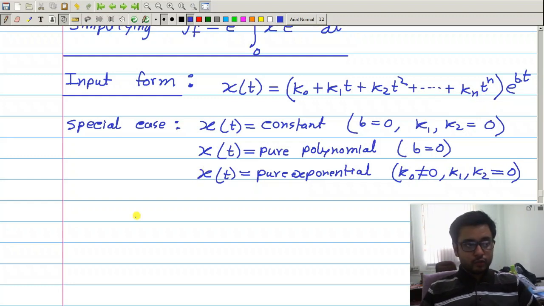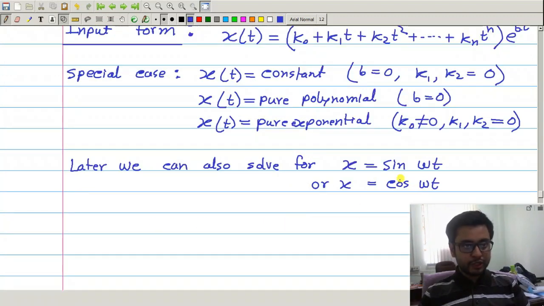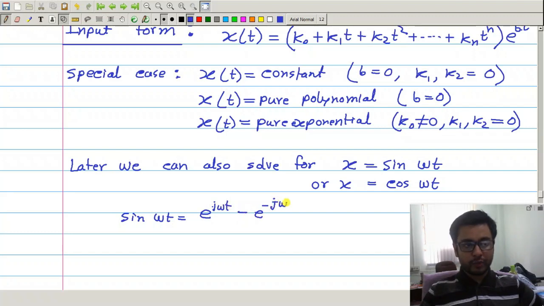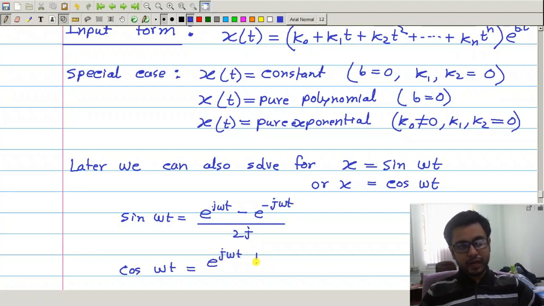Later, we can also consider sinusoidal inputs, and that is because we know that sin omega t is equal to e to the power j omega t minus e to the power minus j omega t divided by 2j, and cosine omega t can be written as e to the power j omega t plus e to the power minus j omega t whole divided by 2.